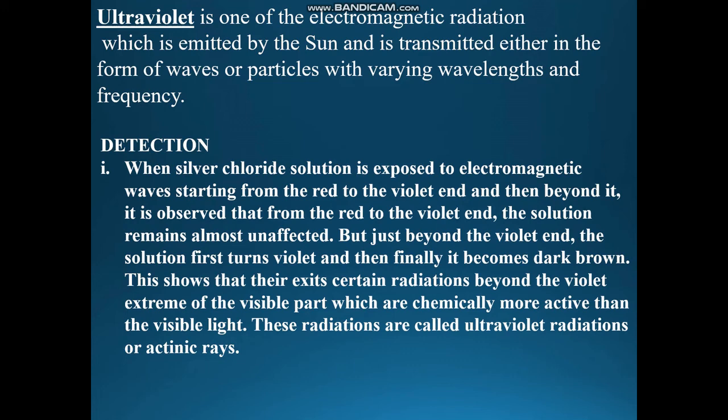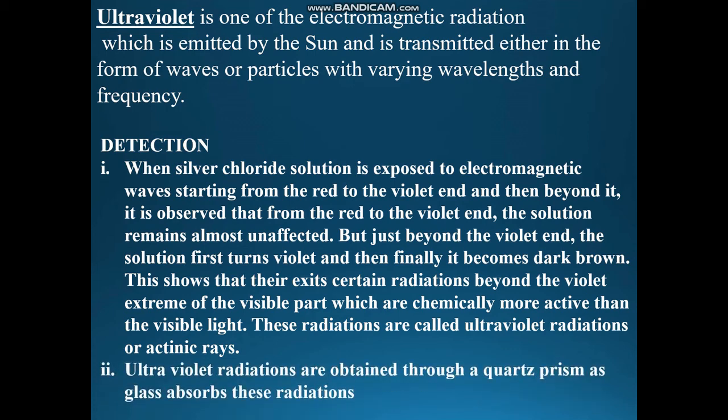So, this shows that there exist certain radiations beyond the violet extreme of the visible part which are chemically more active than the visible light. So, these radiations were given the name ultraviolet radiations or actinic rays since they are chemically active.